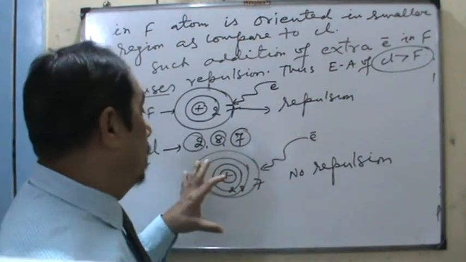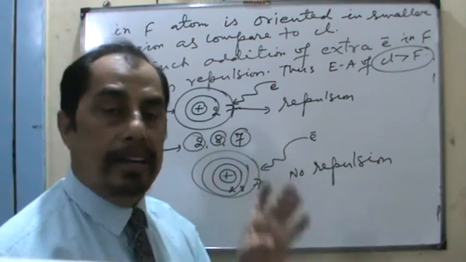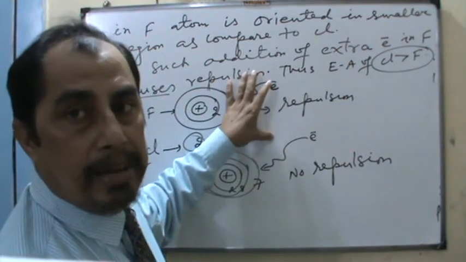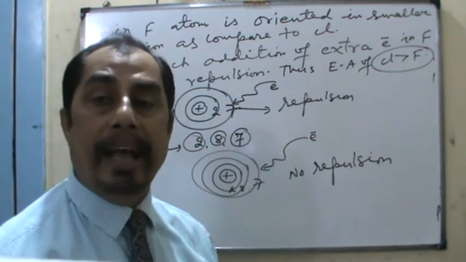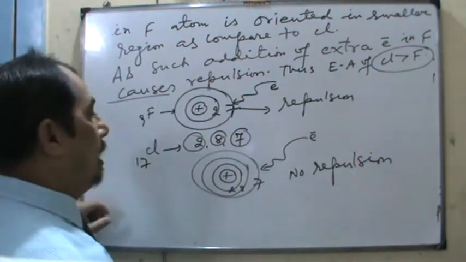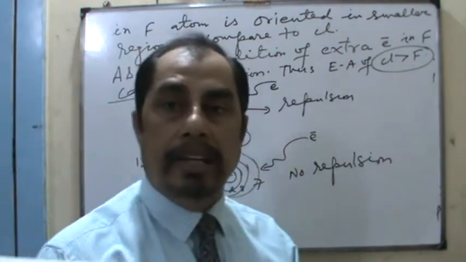The electron affinity of chlorine is also greater because fluorine does not have a vacant d orbital, but chlorine contains a vacant d orbital. It is a matter of fact that the electron affinity of chlorine is greater than fluorine. Keep that in mind.